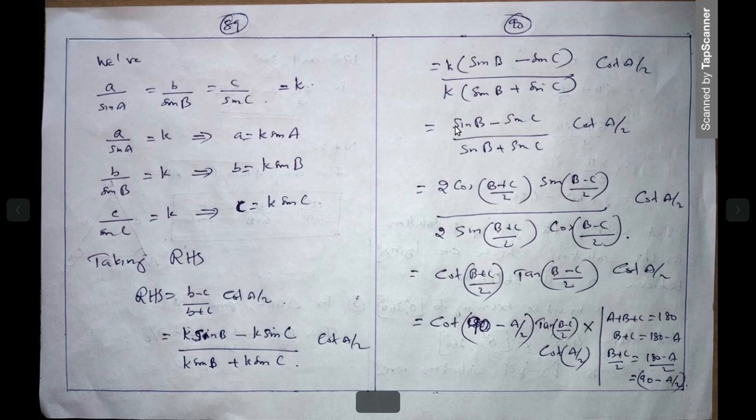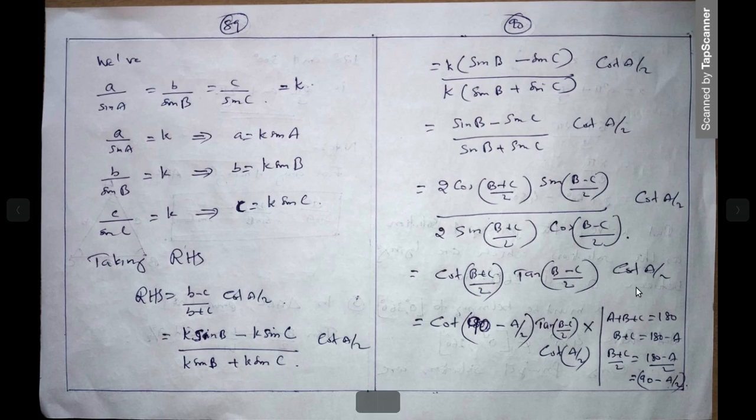Then we have the formula: sin C minus sin D equals 2 cos (C plus D) by 2 sin (C minus D) by 2, and the same formula is applied here for the sum. The 2's are cancelled. Cos by sin becomes cot, and sin by cos becomes tan, so this becomes tan (B minus C) by 2 into cot of (B plus C) by 2... and finally cot A by 2.